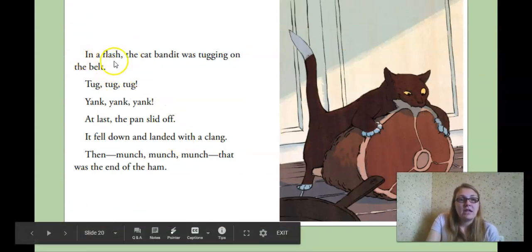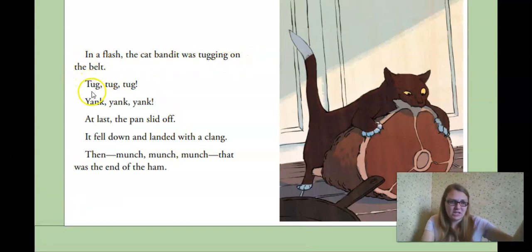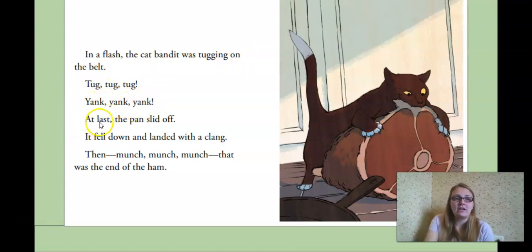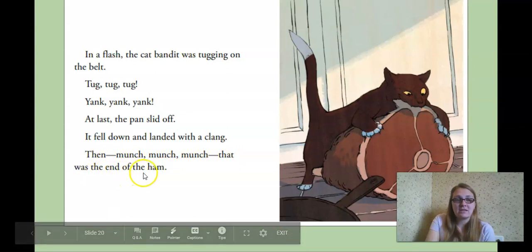In a flash, the Cat Bandit was tugging on the belt. Tug, tug, tug. Yank, yank, yank. At last, the pan slid off. It fell down and landed with a clang. Then, munch, munch, munch. That was the end of the ham.